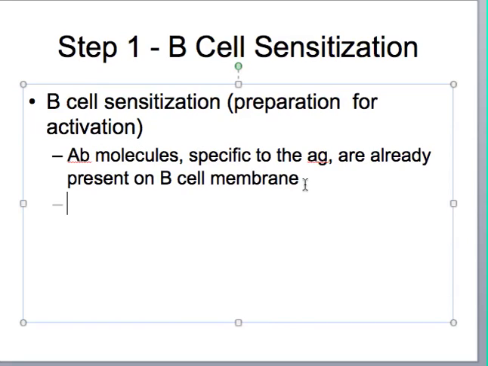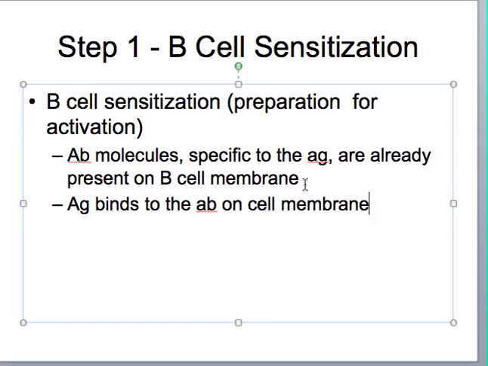We need to note that the antigen binds to the antibody on the cell membrane. I'm abbreviating, but it really kind of saves time.